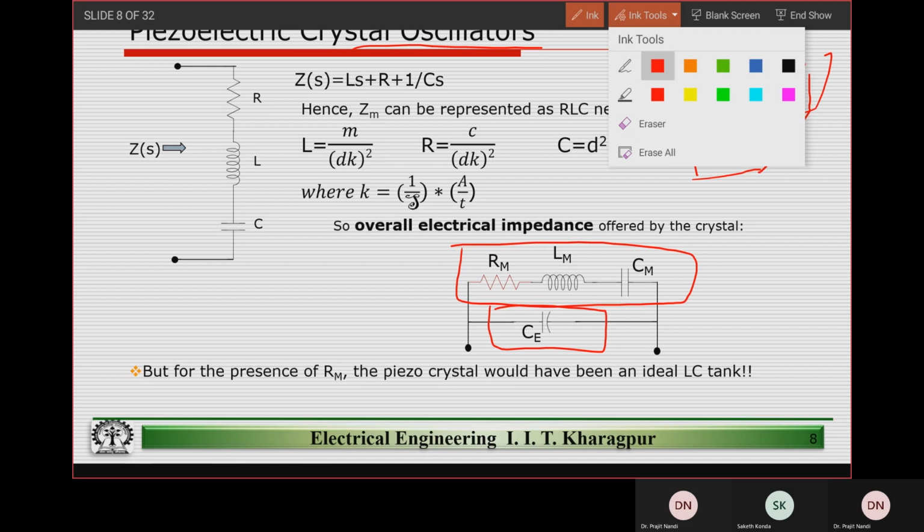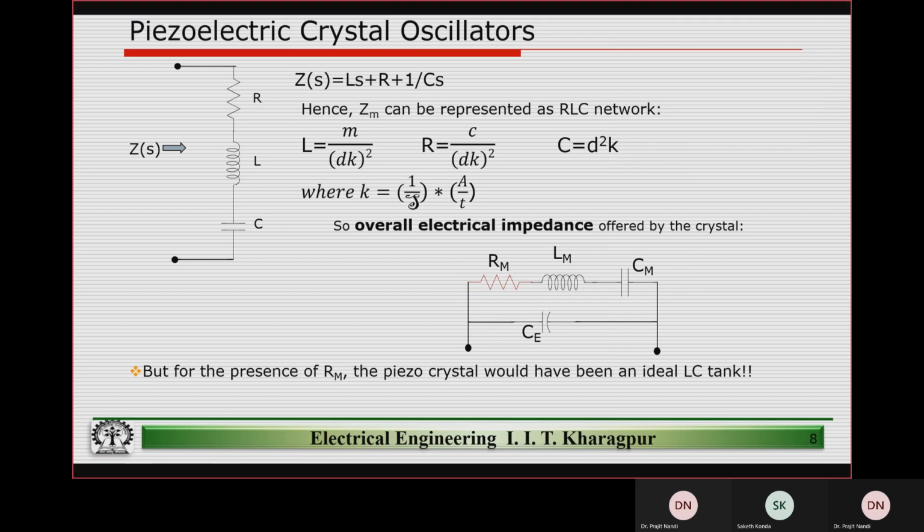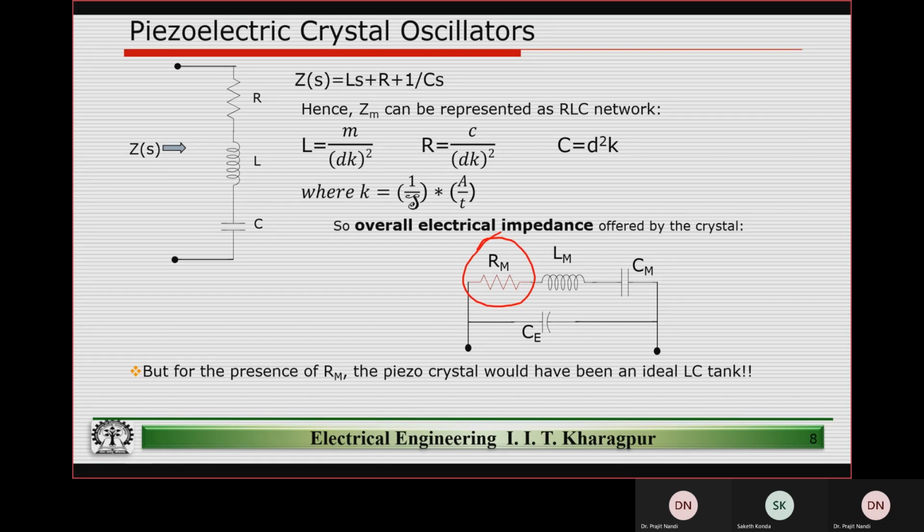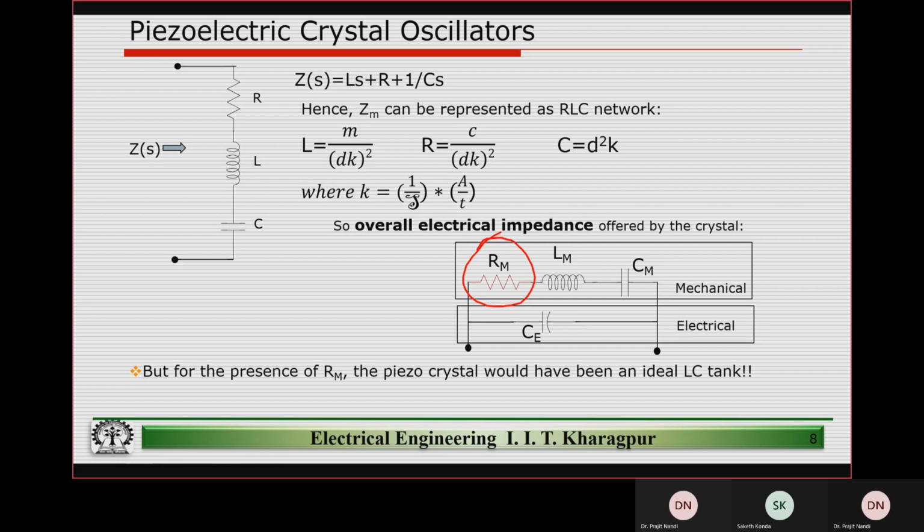So if that is the case, we can see that the crystal is almost like an ideal tank. The only problem is that we have Rm coming into the picture. This creates some non-ideality, and we have to deal with it. But otherwise, between LM, CM, and CE, it behaves as an ideal tank, right?